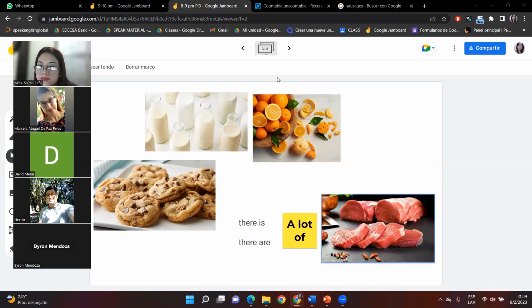Okay, Javier, help me with the first one. Which will be the correct expression? There is a lot of meat or there are a lot of meat.